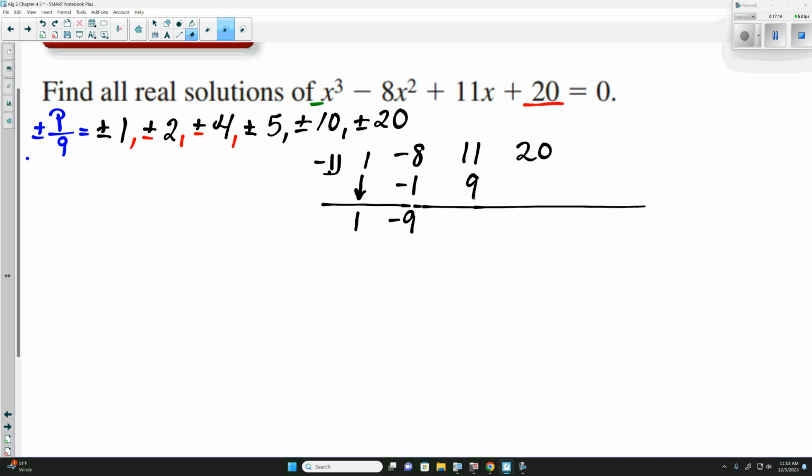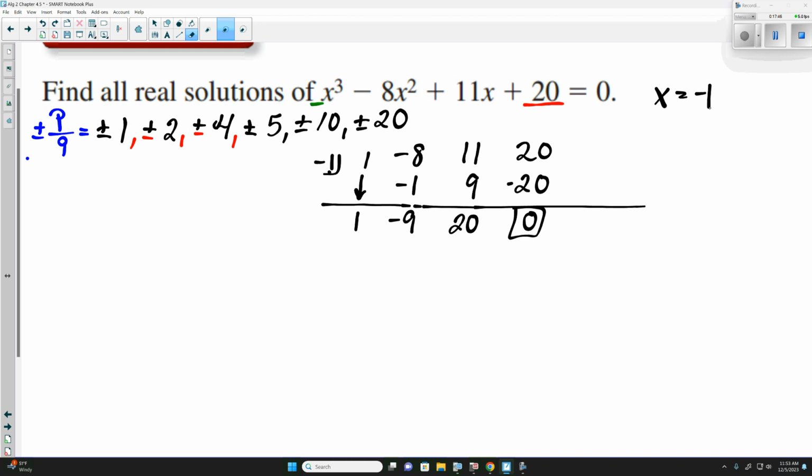So now we're just trying negative 1 because it is a possible rational zero. And we get to this step here. 9 plus 11 is 20. Negative 1 times 20 is negative 20, and 20 plus negative 20 is 0. So that told us one of the solutions is that x is equal to negative 1.